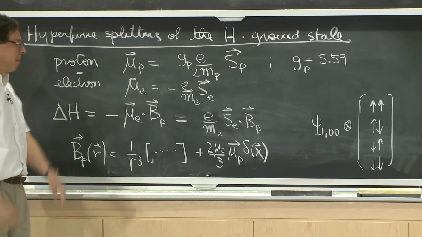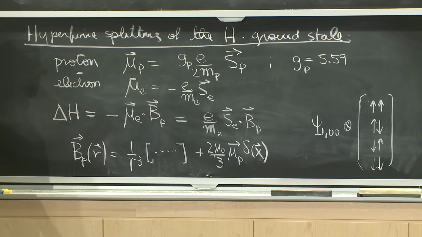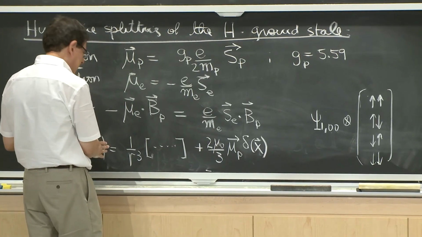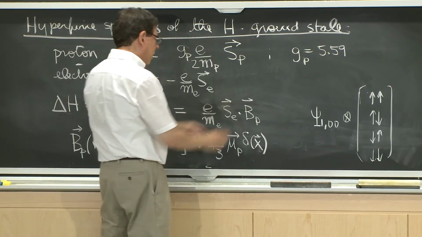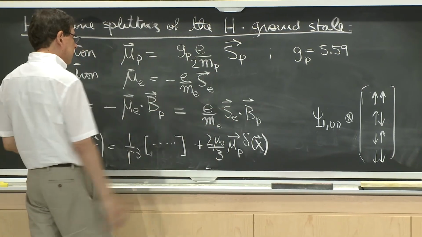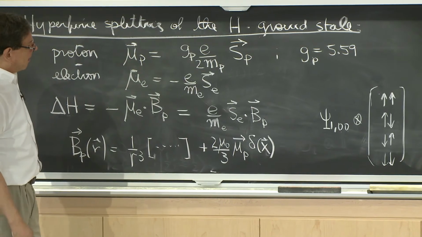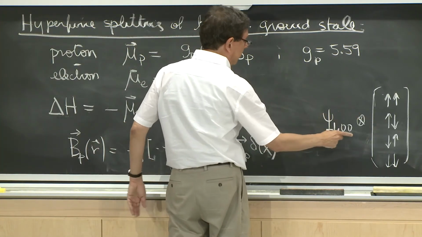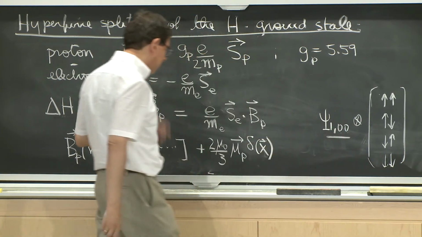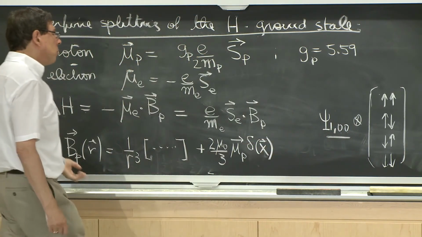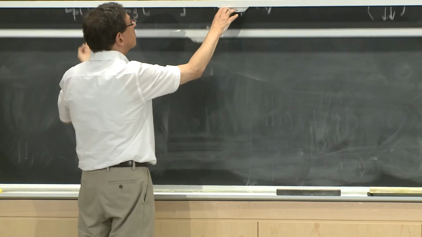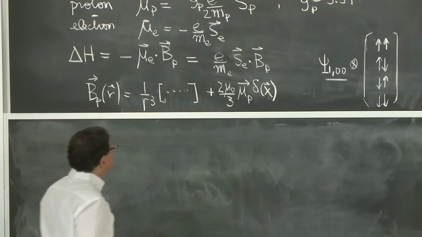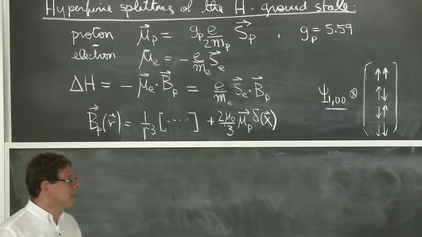So what happens when you try to do this calculation? Well, in principle, you're supposed to put this BP in here and evaluate this quantity for these states. And we're doing only the spatial part first. So as we do the spatial part, here is what happens.